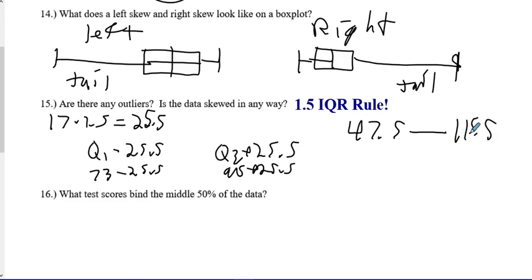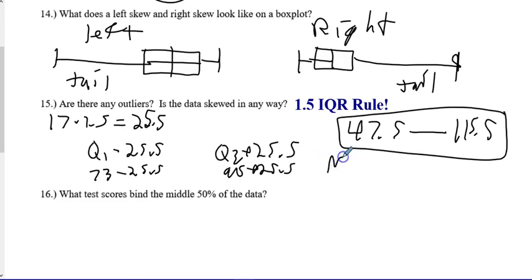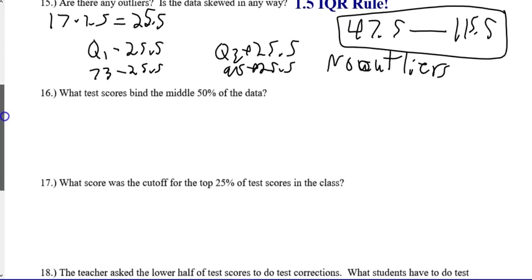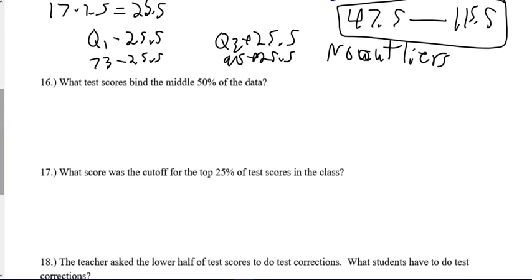That is our boundary. If anything is outside of that, it is an outlier. Well, our lowest number is 70, our biggest number is 97, so no outliers on this one. So you don't go by, well, it looks like it's an outlier. I think it's far enough away. You can prove it.